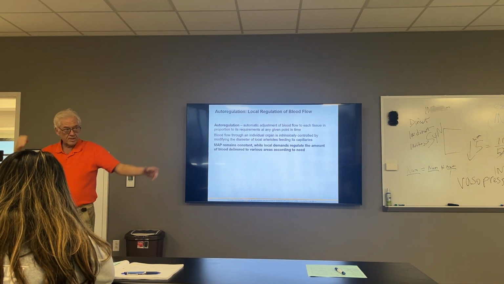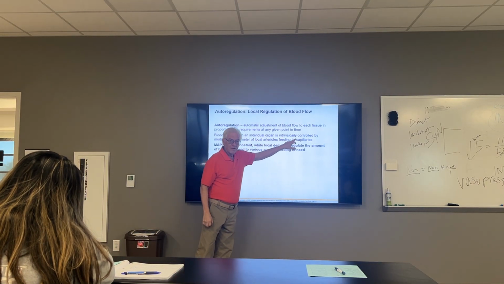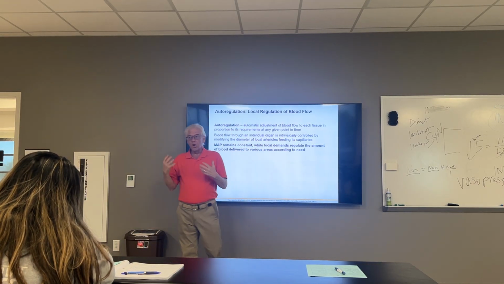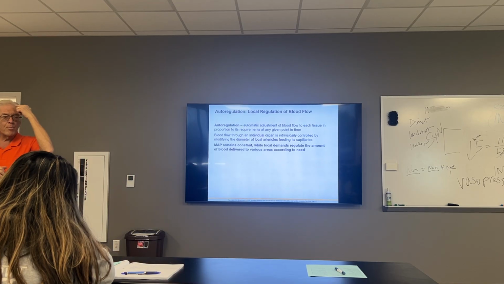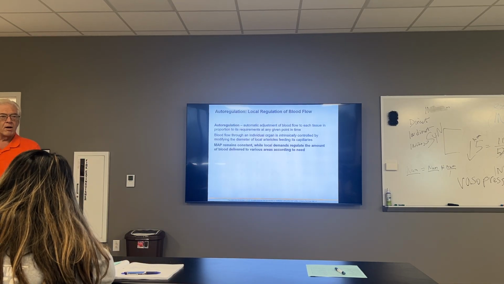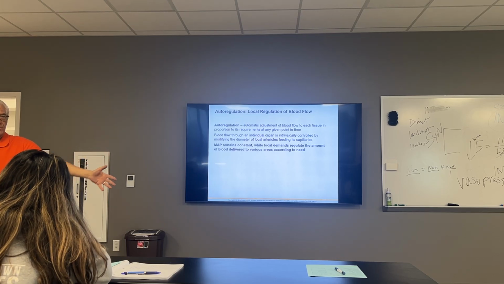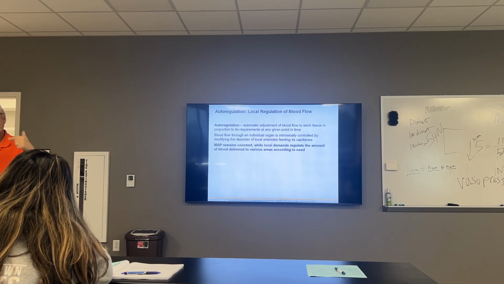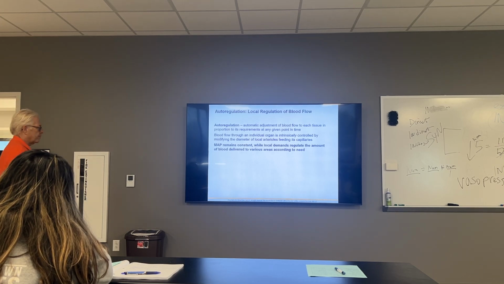It is controlled by intrinsic, local conditions. My brain doesn't have to be aware that this needs more oxygen and this doesn't. My brain is not in charge of deciding to send more blood over here. We don't have to do that.